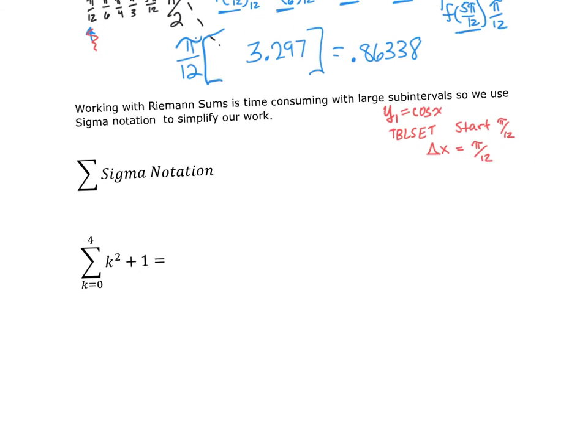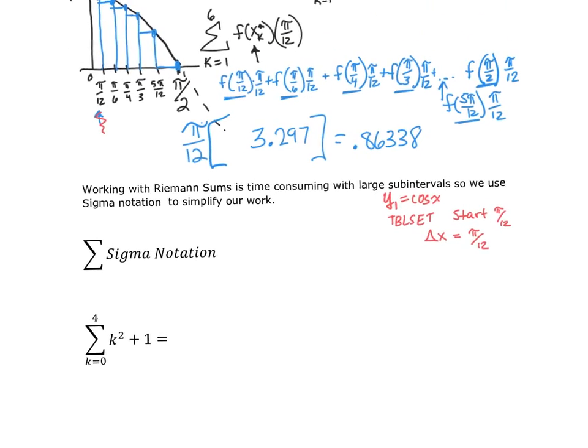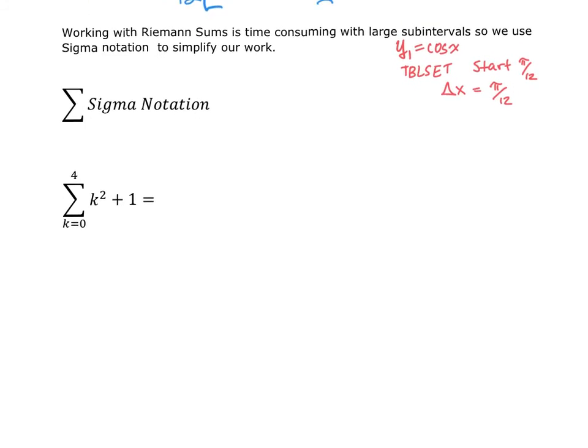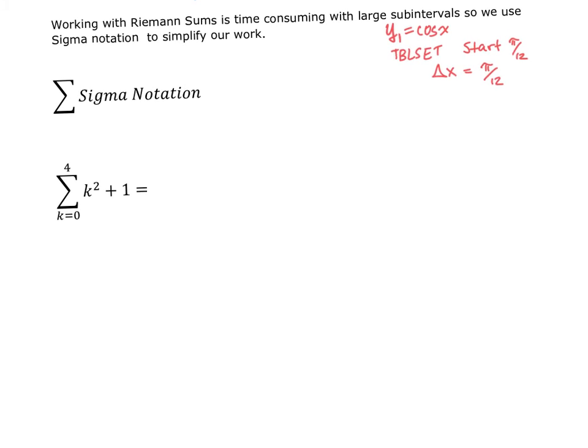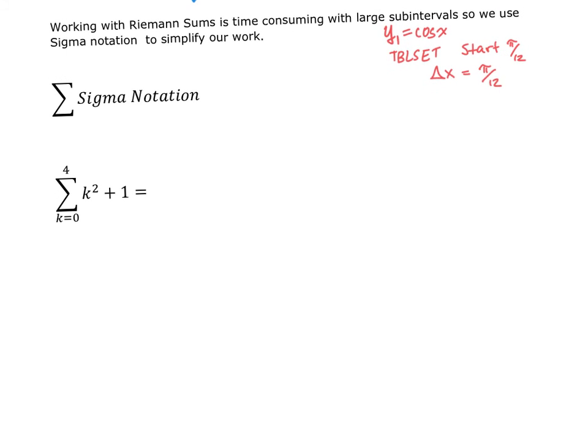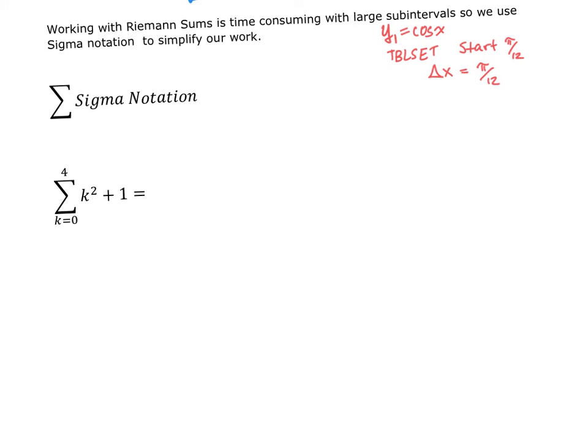All right, so this sigma notation, let's take a look. What does it mean? Let's look at one little example here. This is the sum of all of the k squared plus 1s from 0 to 4.